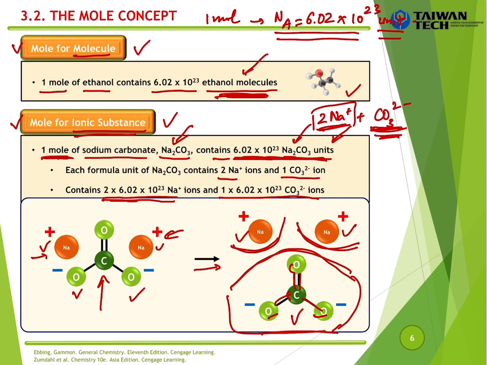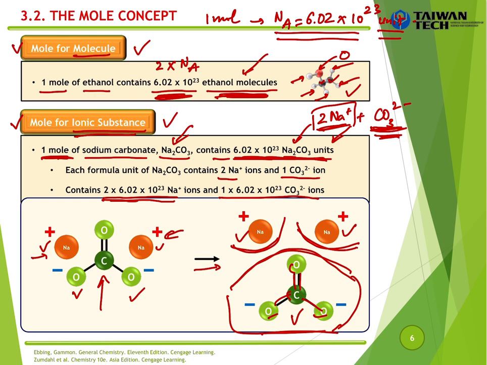Here, if we have the structure, we have one oxygen inside. So it means that 1 mole of ethanol has the same number of oxygen atoms. If we consider carbon, inside we have 1 and 2 carbon. So 1 mole of ethanol has 2 times Na carbon atoms. Or if we consider hydrogen, we have 1, 2, 3, 4, 5.